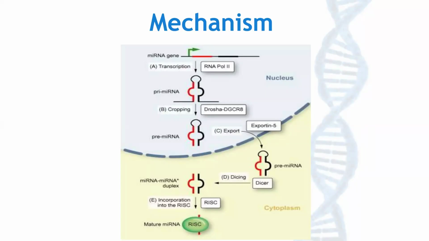The mechanisms of mRNA silencing are through cleavage of the mRNA strand into two pieces, or by destabilizing the mRNA by shortening its poly-A tail, or reducing the translation of the mRNA into proteins.